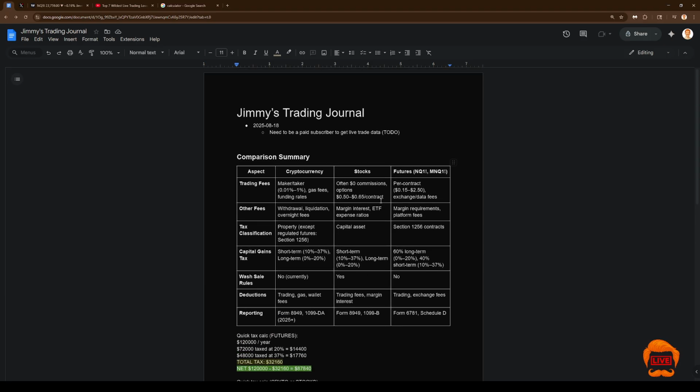Okay, now however, futures also, oh, okay, so maybe that is kind of a big deal. You could get some deductions for your losses.